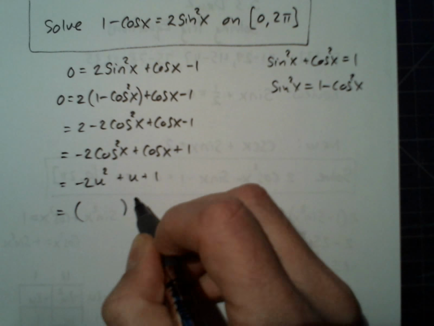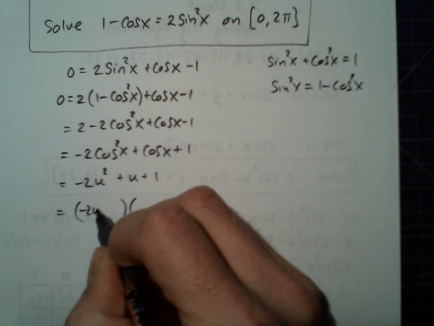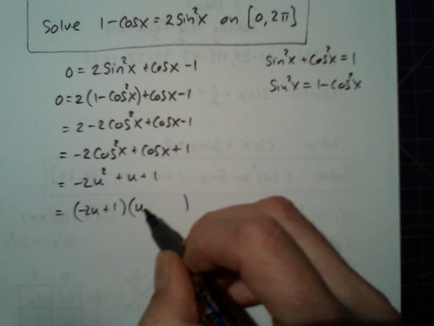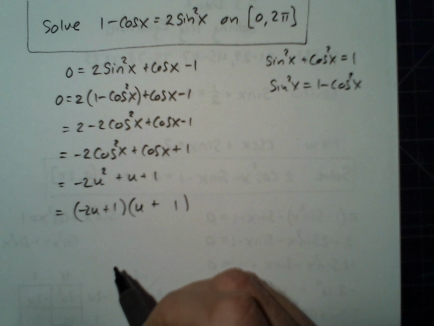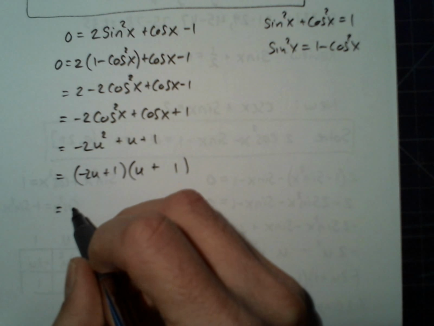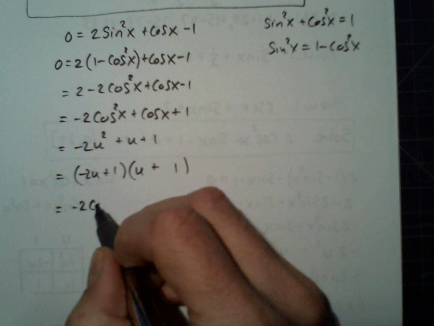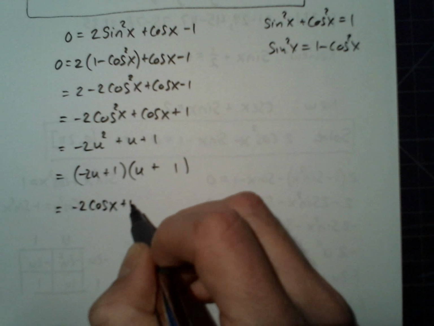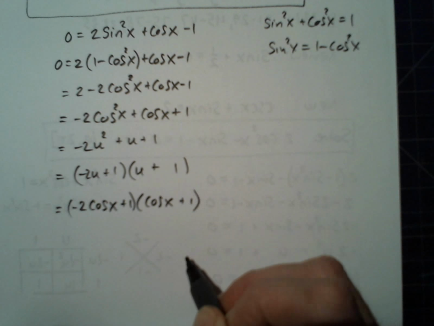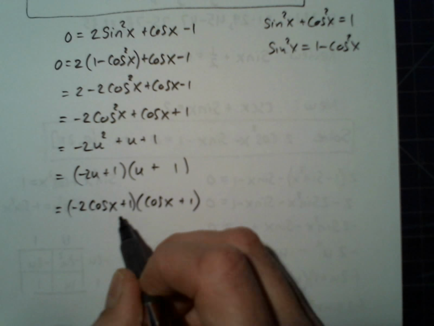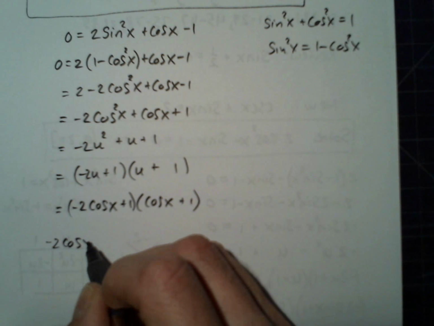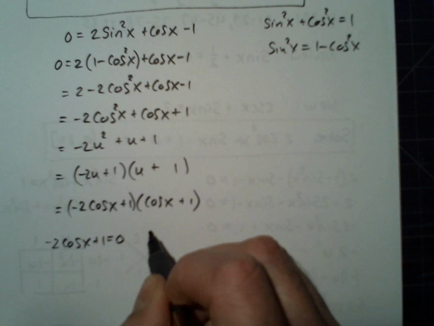And if you factor, we have to have a plus 1, plus 1. And these multiply to get 0, so we know that each of them could be 0.